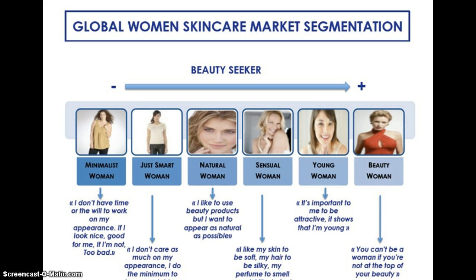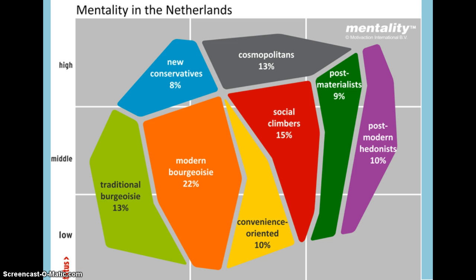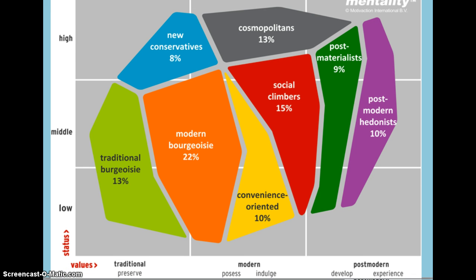So this is an example for the skincare market, but you also can go deeper with motivations. And the Dutch agency Motivaction has come up with the Mentality model. This is based on motivational market research, and they've divided the market according to values and status. So people can have either traditional, modern or postmodern values, and low, middle or high need for status.